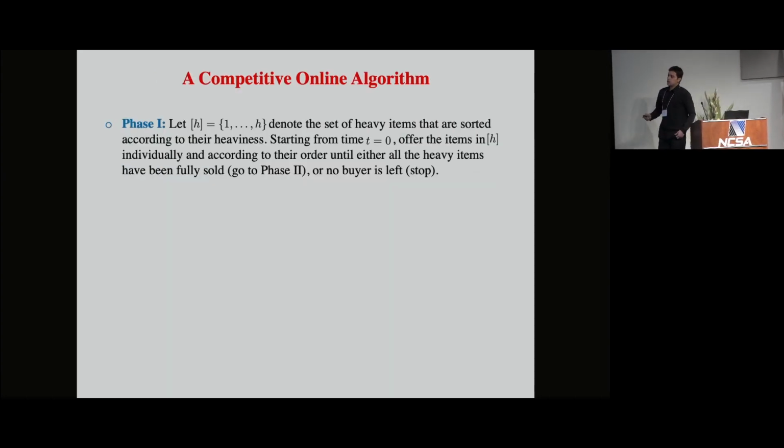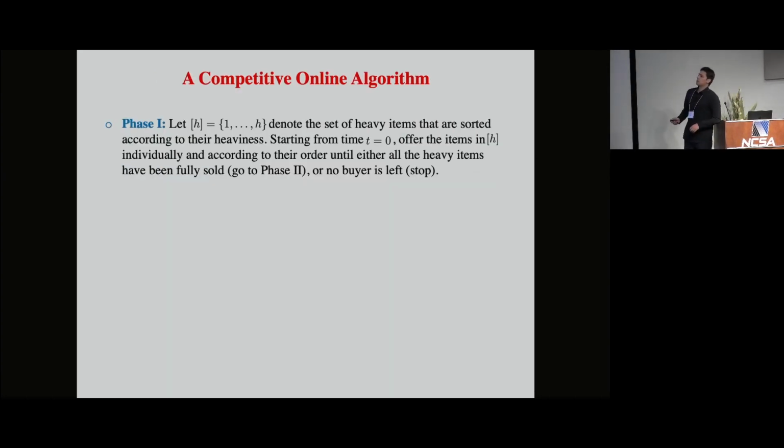Then we go through this two-phase algorithm. We sort the heavy items based on their heaviness level, where the heaviness, as I said, is the demand that you have for the item given that you offer it individually. This can be computed a priori by the platform, so a simple calculation can compute that.